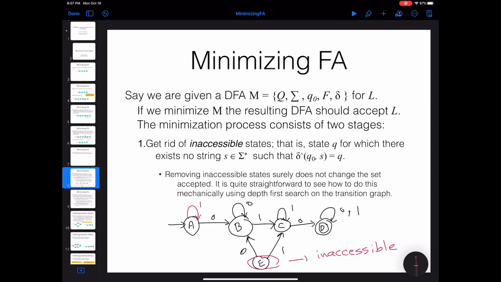Starting from the starting state, if you run a depth first search or a breadth first search, the algorithms are going to visit all accessible nodes from the starting point. And all those states that you haven't visited after the breadth first search or depth first search are inaccessible and you can simply remove them. So this is the first step.